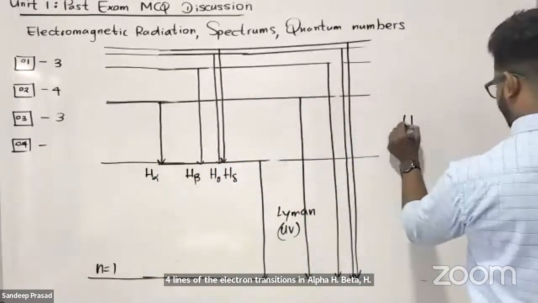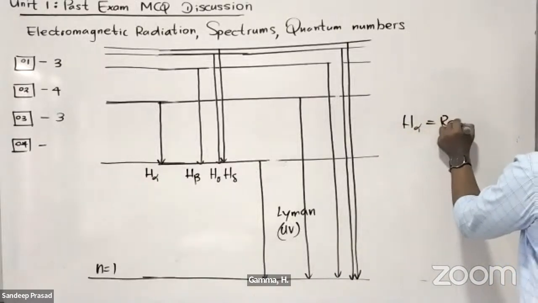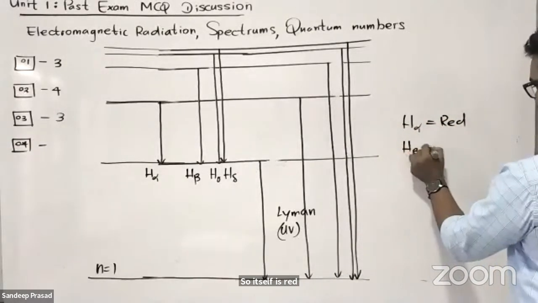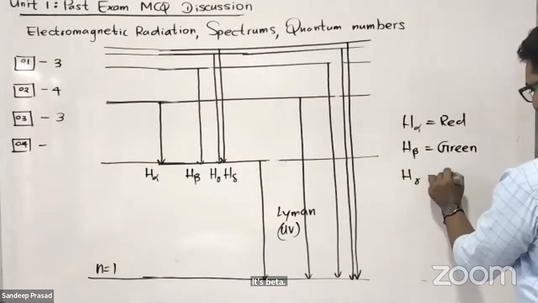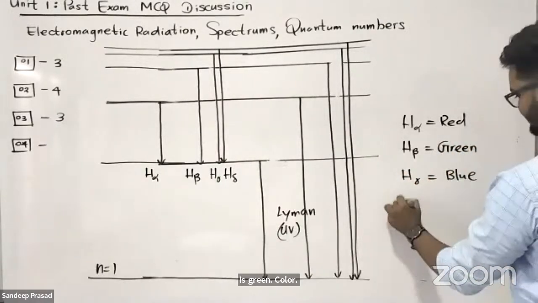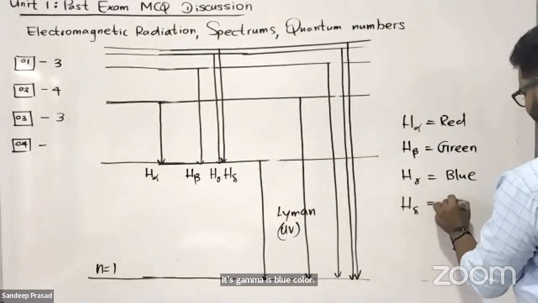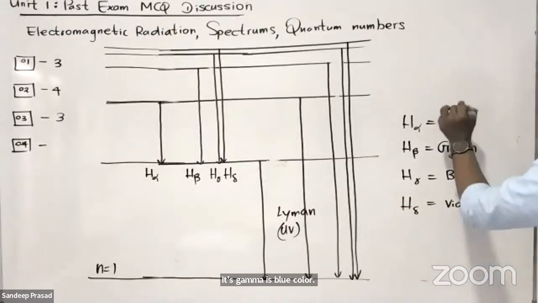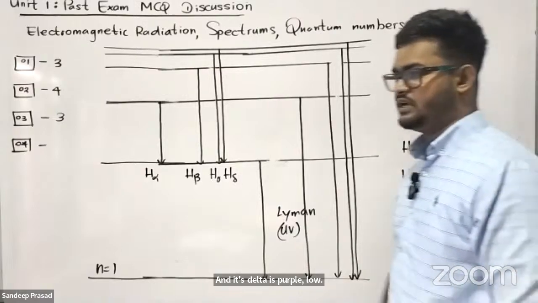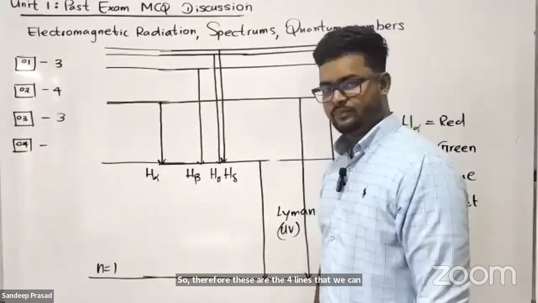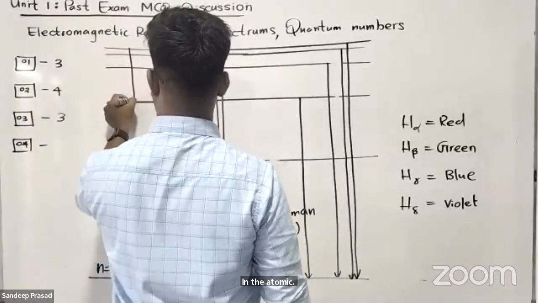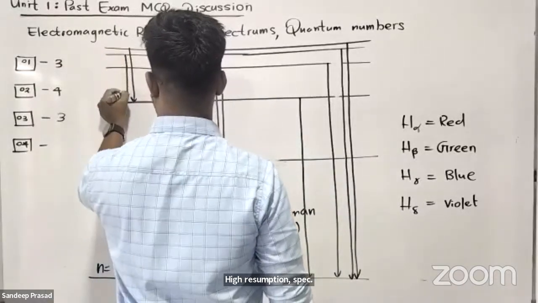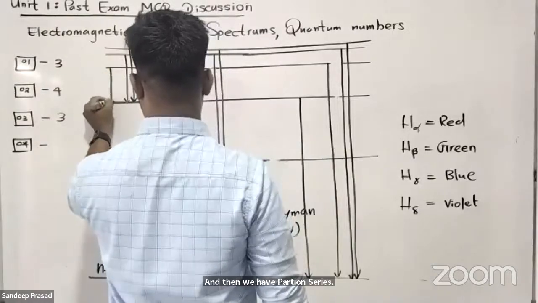H alpha is red, H beta is green, H gamma is blue, and H delta is purple or violet. So these are the four lines that we can see with the naked eye in the atomic hydrogen emission spectrum. And then we have the Paschen series, all the electron transitions falling to the third principal energy level.